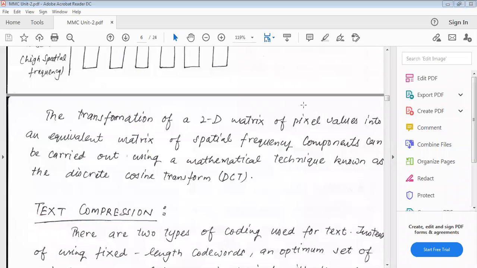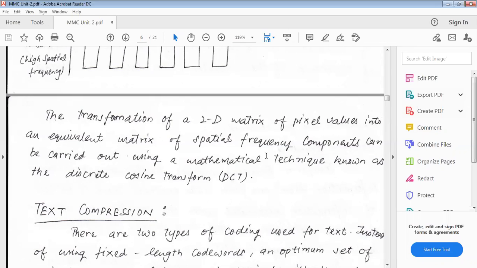So DCT is used in image processing. You are going to see DCT, the discrete cosine transform, in detail in the image processing area. It is in matrix form, and that matrix is taken from this spatial frequency and amplitude level range.